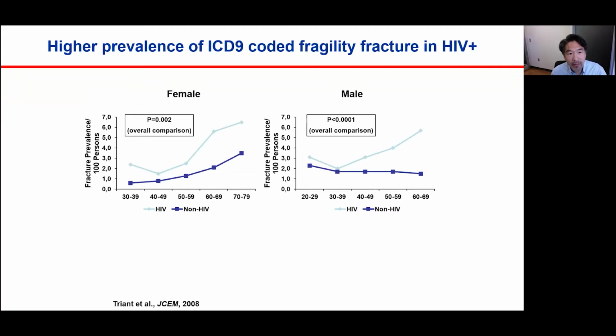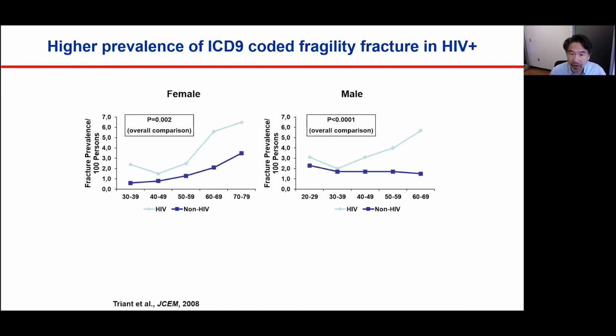As far as the impact of HIV on fractures, we've seen from many studies over the last 10 years that people with HIV have a greater risk of fractures. And it really starts to become apparent in the older ages above age 50. This is one of the first studies that looked at the prevalence of ICD-9-coded fragility fractures in HIV-positive individuals compared to the general population.